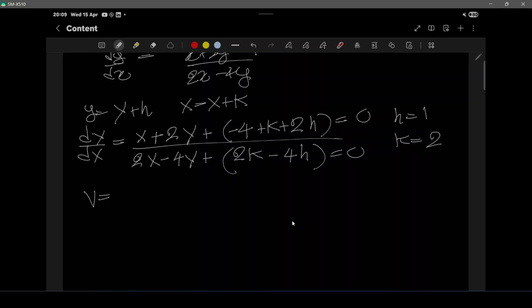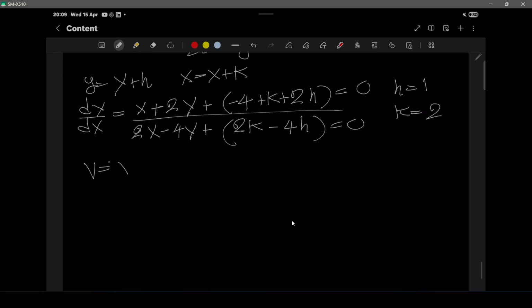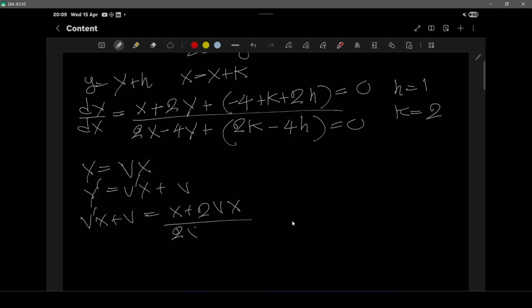So now we do a normal substitution. Y is equal to vx. So y dash is equal to v dash x plus v. So v dash x plus v is equal to x plus 2y, meaning vx, over 2x minus 4y, meaning vx. So 1 plus 2v over 2 minus 4v.